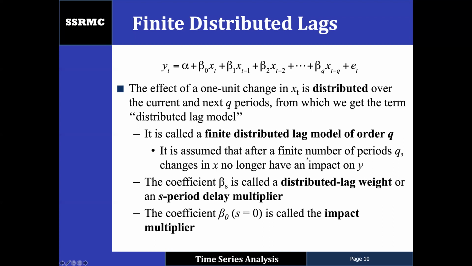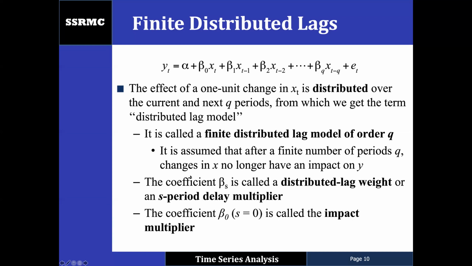Basically we assume that after a finite number of periods q, changes in x no longer have an impact on y, which usually is true in practice. On that note, the coefficient beta s is called a distributed lag weight or an s-period delayed multiplier. Multiplier is a term that we need to introduce in this module.